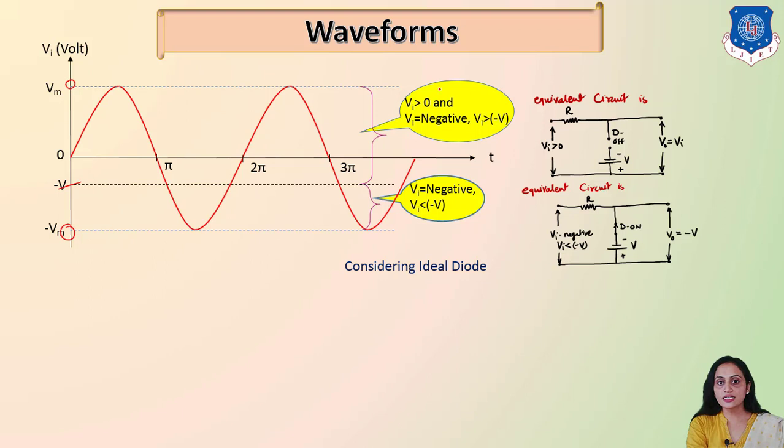This equivalent circuit is for the input voltage greater than 0 as well as the input voltage greater than minus V. For this whole duration this equivalent circuit is shown, and when the input is negative but greater than minus V, for this input voltage range we have seen that the diode is off, and due to that the output is equal to the input.